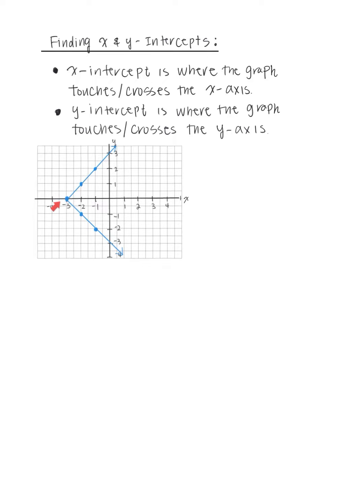So our x-intercept is x equals -3. Now, where are the y-intercepts? Again, the y-intercept is where the graph touches or crosses the y-axis. So that will be y equals 3 and y equals -3. So if you're given the graph, it's easy for us to determine where the x- and y-intercepts are. But what if there is no graph? That's what we're going to talk about next.